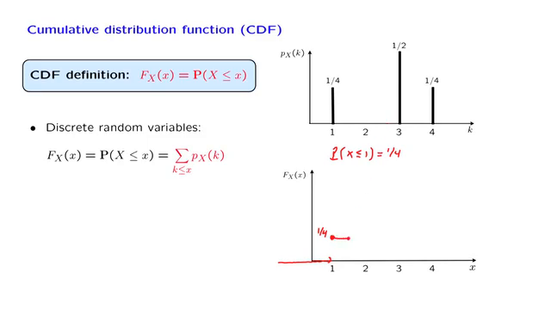So the CDF stays constant until at some point we reach the value of 3. And at that point, the probability that the random variable takes a value less than or equal to 3 is going to be the probability of a 3 plus the probability of a 1, which becomes 3/4.